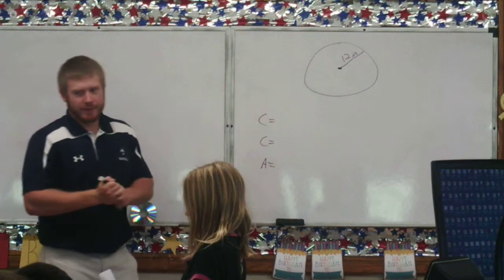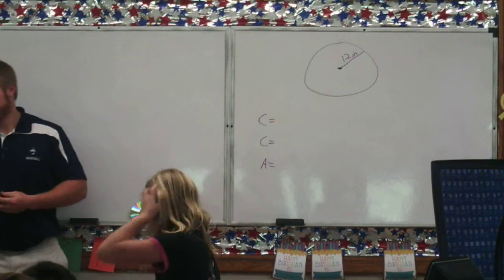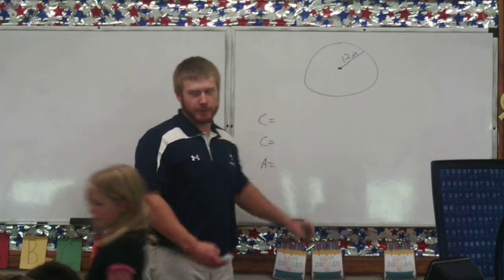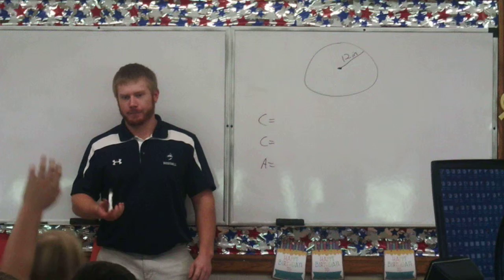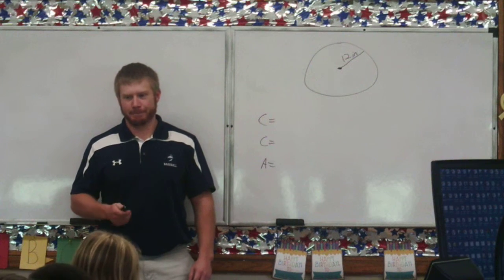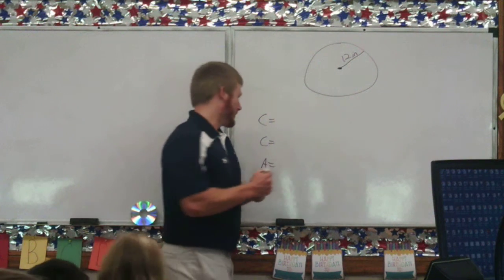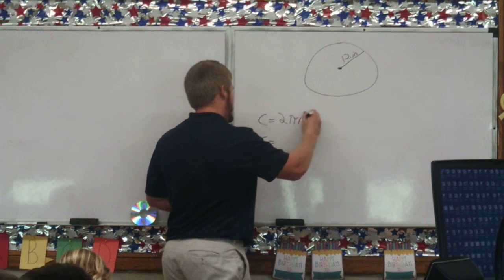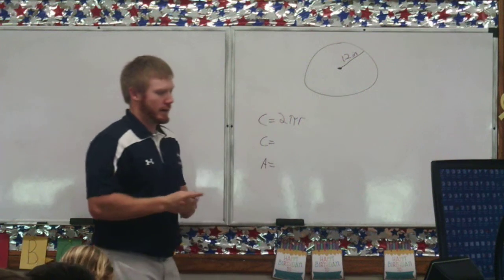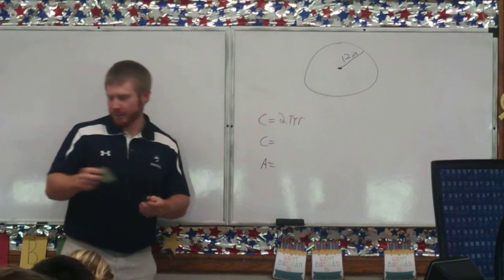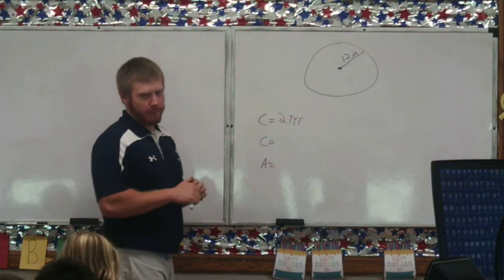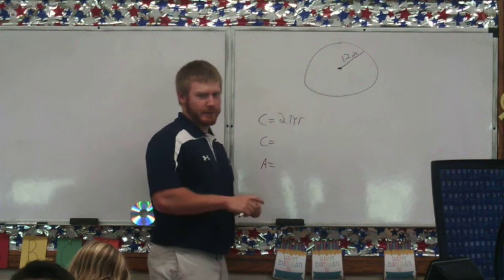Reed, look at your formula sheet and tell me one of the formulas for circumference of a circle. C equals 2 pi r. Tammy, look at that same formula sheet and tell me what the other formula for circumference is.